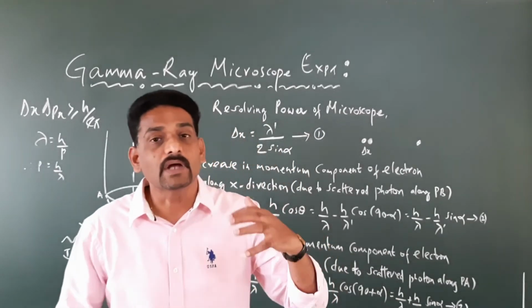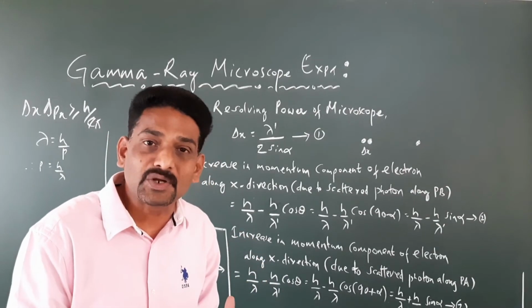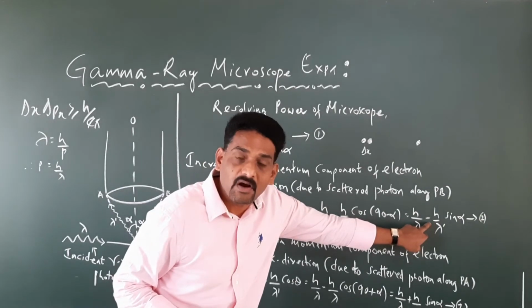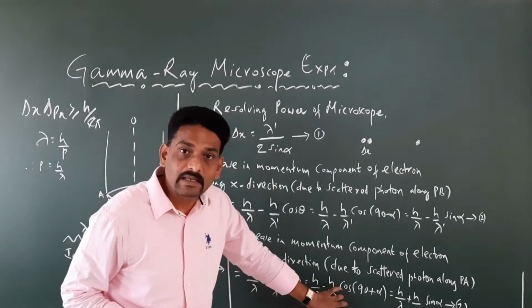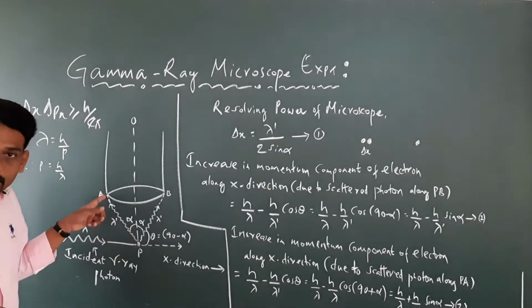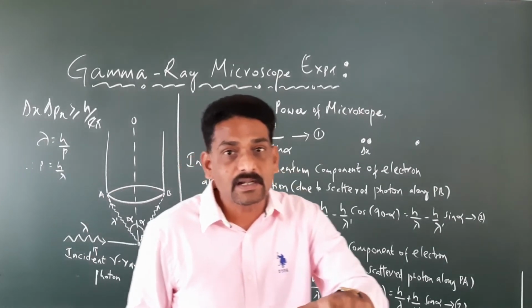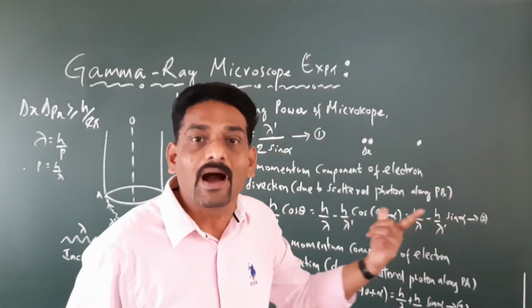Why? Because this is the increase in the momentum of the scattered photon along this direction, and this is the increase in the momentum of the scattered photon along the direction PA. So if you take the difference between these two, that gives you the uncertainty in the momentum of the electron that is entering into the eyepiece.